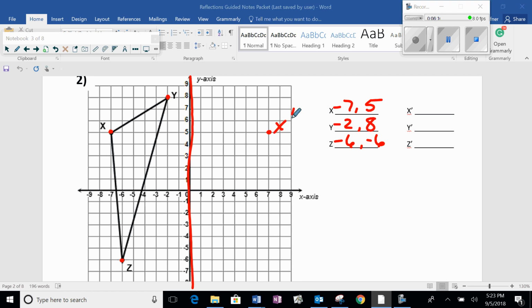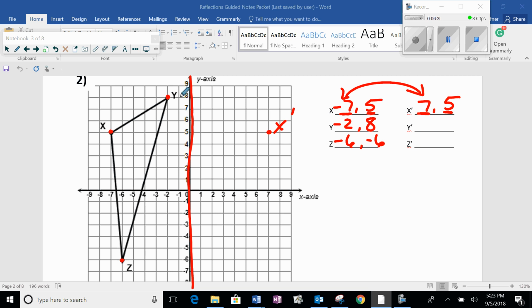So that point is (7, 5). This time, notice how the x value changed, but the y value stayed the same because it was a reflection across the y-axis. When we reflect across the y-axis, the y stays the same, but the x changes signs.